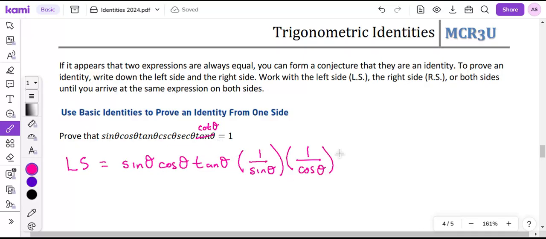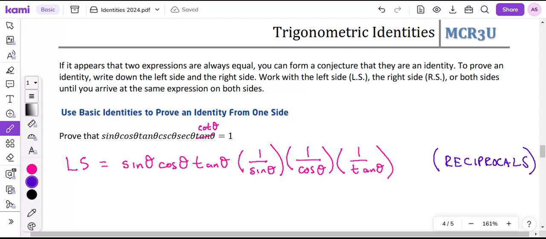And cotangent is just the reciprocal of tan. And because I have the space here, I'm just going to put in brackets here, reciprocals. I just used my reciprocal identities there.